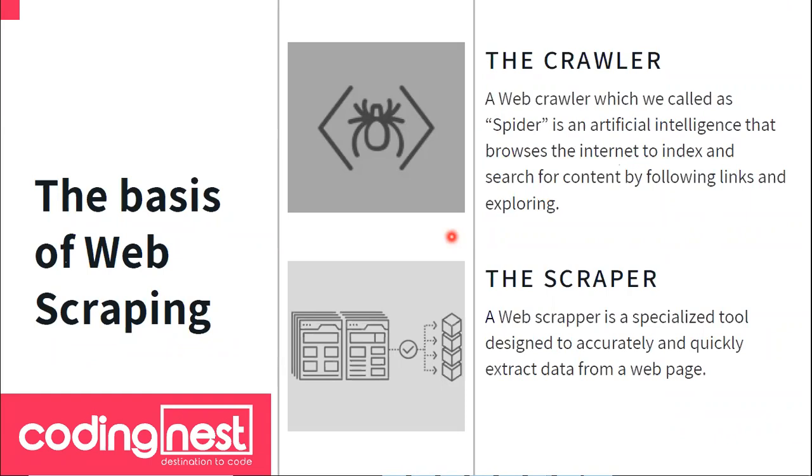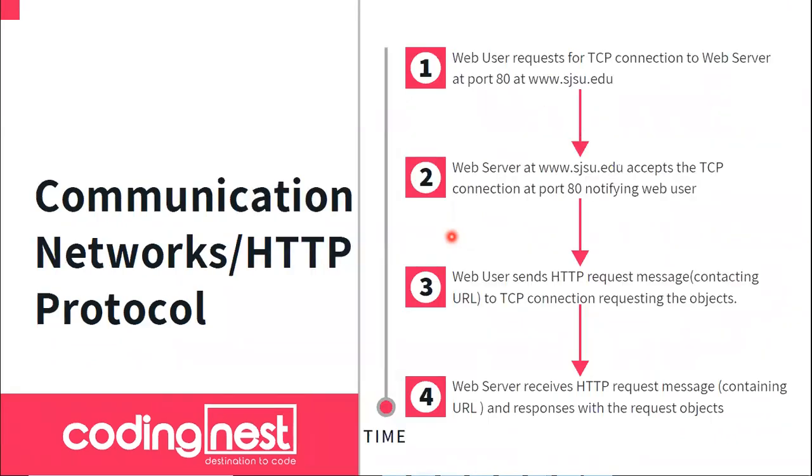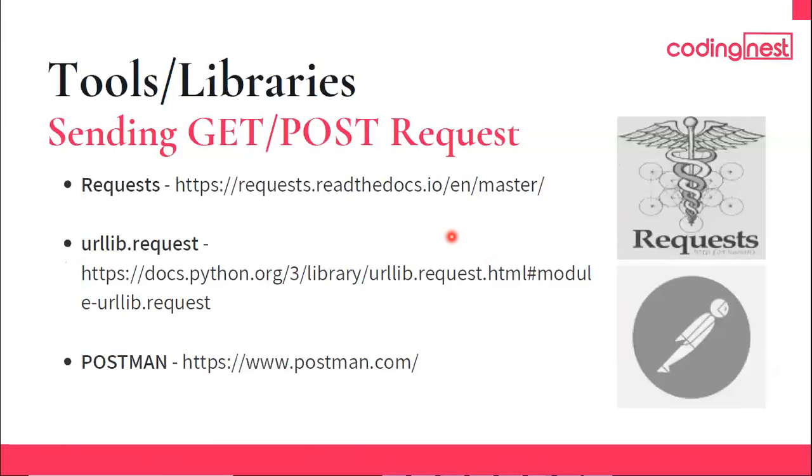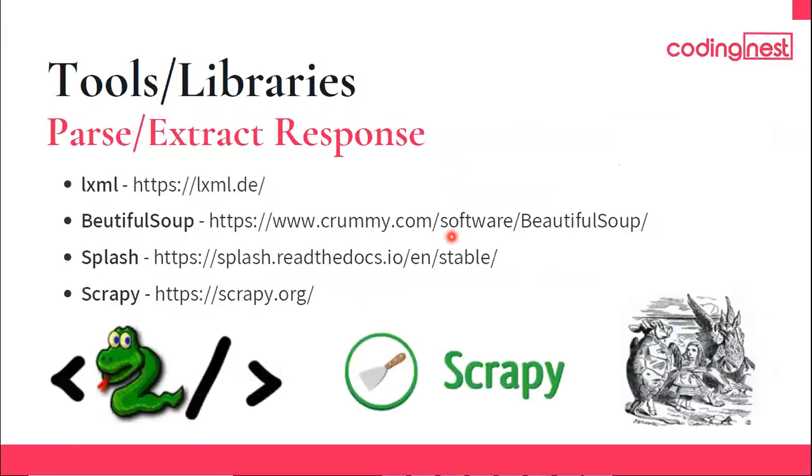Once the data is available, we can use a scraper as we have just seen. We also saw the communication network and HTTP protocol, which happens whenever we make a request and response. We saw the request in the Postman tool. We have done it using LXML, as well as using Splash.